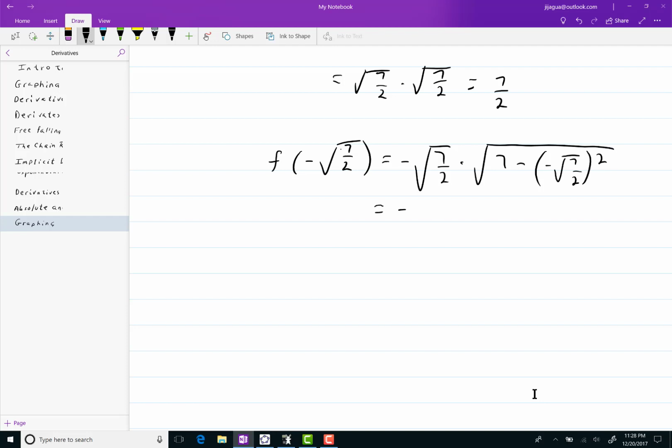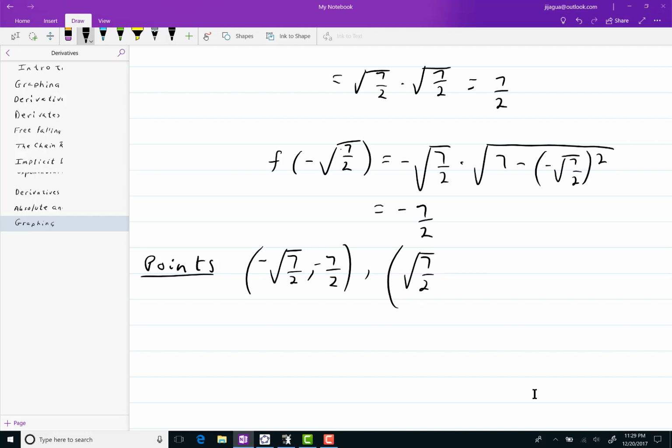I guess I'm not going to write the details. I think you can handle the details. So these are the 2 points found by setting the derivative equal to 0. Let's write these down. Negative square root of 7 halves, negative 7 halves, and positive square root of 7 halves, comma, 7 halves. Those are our 2 points.